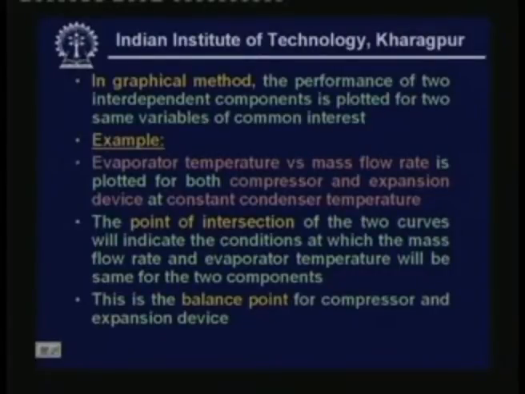So basically the graphical method we have discussed while discussing the performance aspects of, as I said, expansion devices. What we have done there is we have plotted the mass flow rate of compressor and mass flow rate of capillary tube versus the evaporator temperature. So we got two curves, one for compressor and one for the capillary tube, and the point where these two curves intersect is a point where the mass flow rate through the compressor is equal to the mass flow rate through the capillary tube.